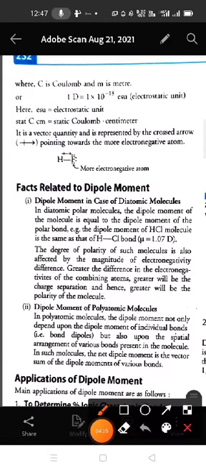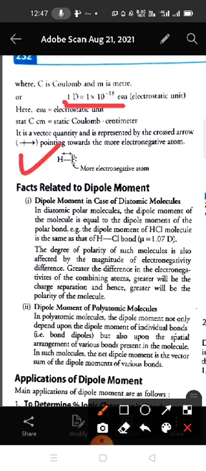In ESU, 1 debye is equal to 1 into 10 power minus 18 ESU. ESU means electrostatic unit, and esu cm means static coulomb centimeter.